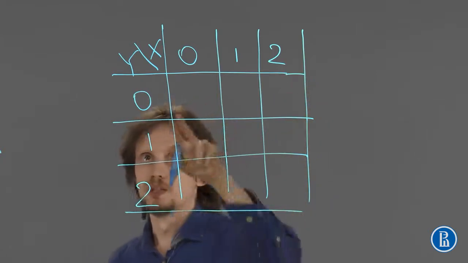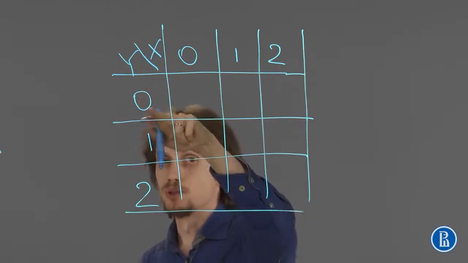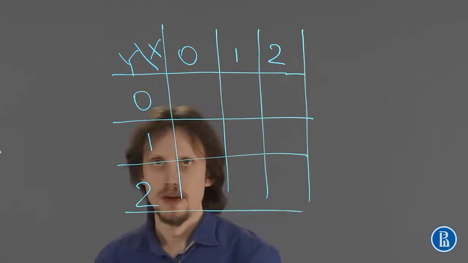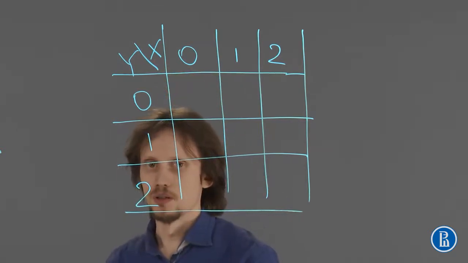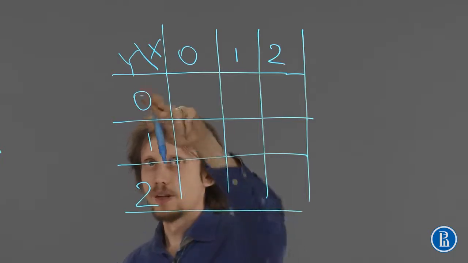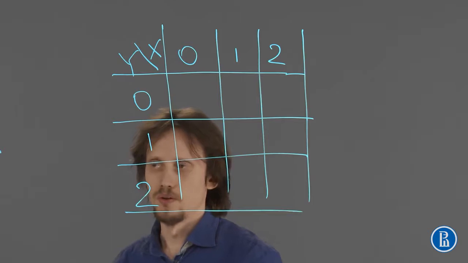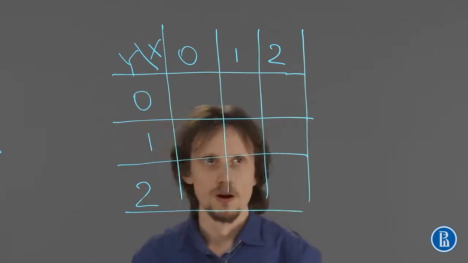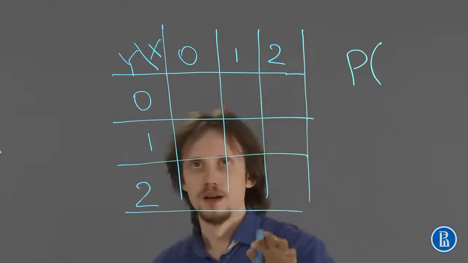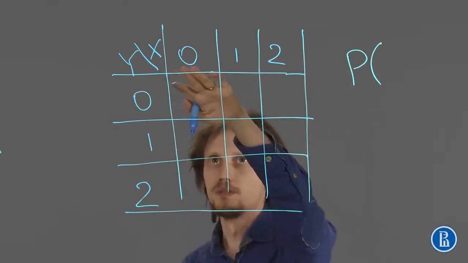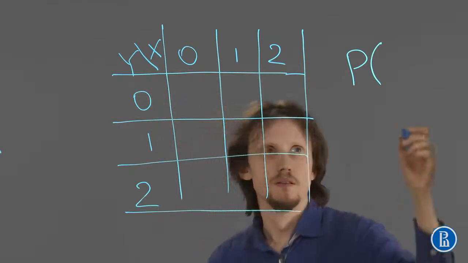What is the probability that x equals 0 and at the same time y equals 0? If x equals 0, it means that the first 2 tossings give us tails, and if y equals 0, it means that the second 2 tossings also tails. So the only possible outcome that satisfies the condition is tail, tail, tail.